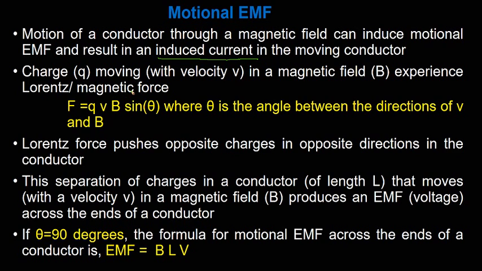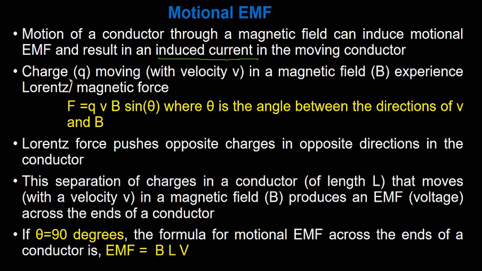Now, why does this induce EMF or induced current? Let us look at what happens to the charges which are present inside the conductor. We all know that every material has charges, both positive and negative, and the thing with conductors is that the charges are free to move inside a conductor on application of small voltages, and we will see how this motional EMF brings about moving these charges.